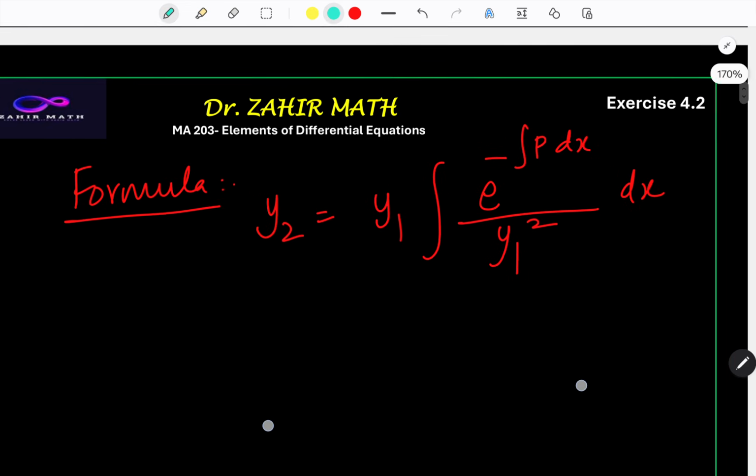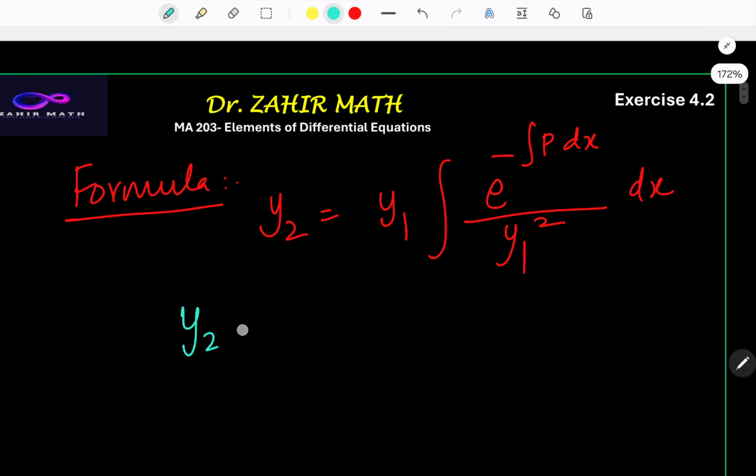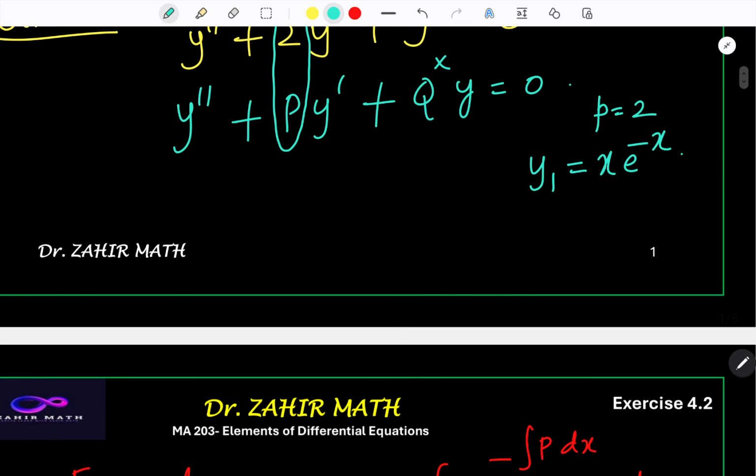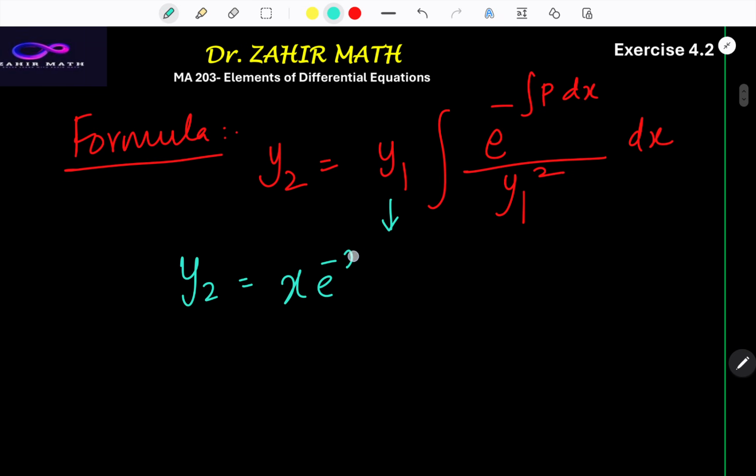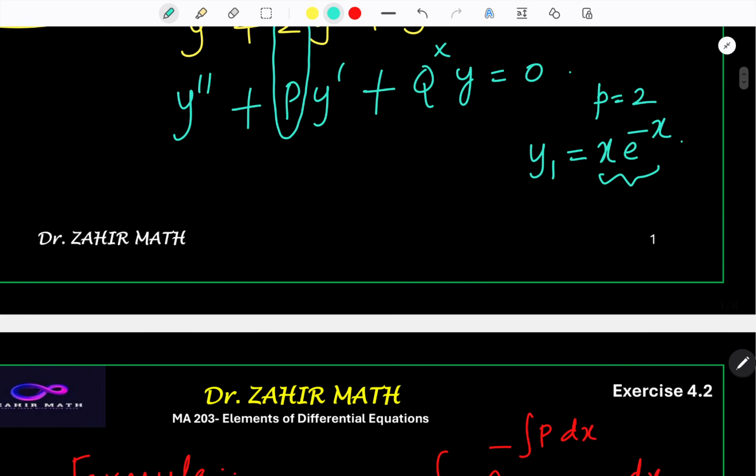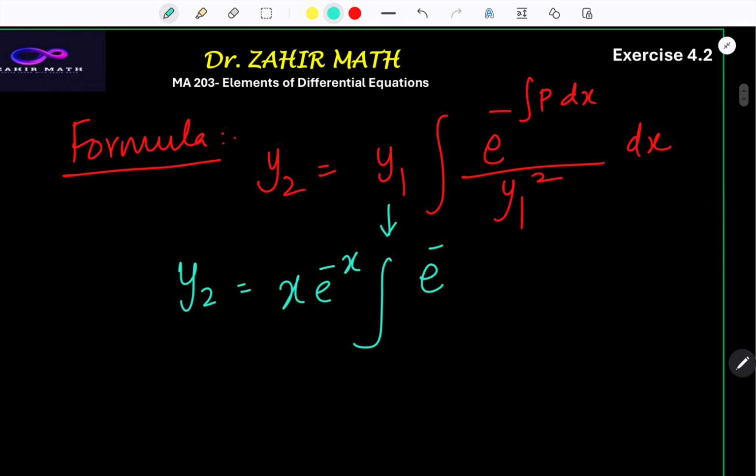So now y2 equals y1. What is your y1? The given solution, x e power minus x. So x e power minus x integral e power minus, what is your p value? Which is 2. So it is integral 2 dx divided by y1 square.